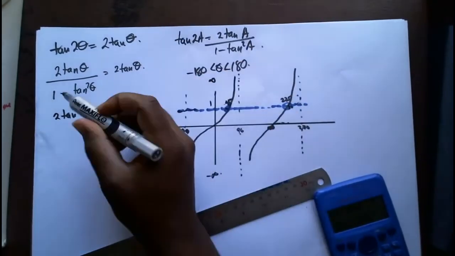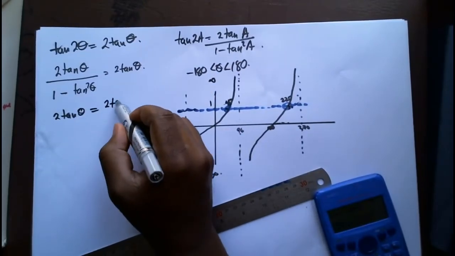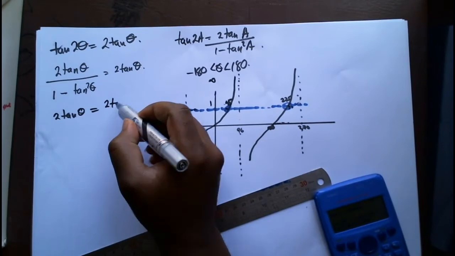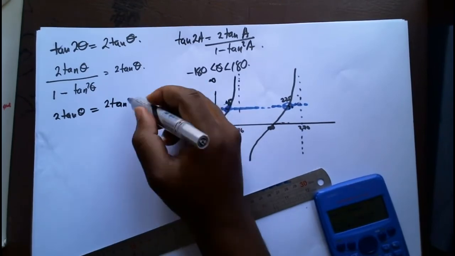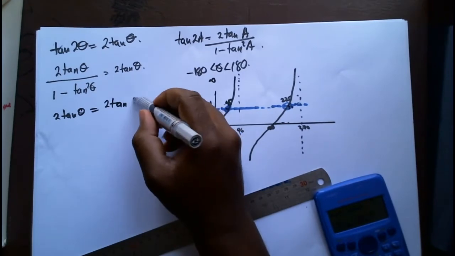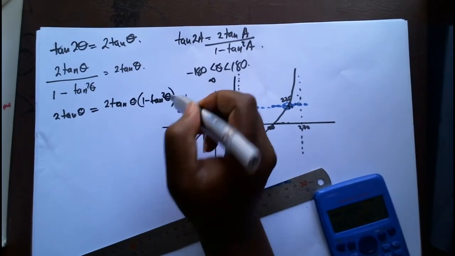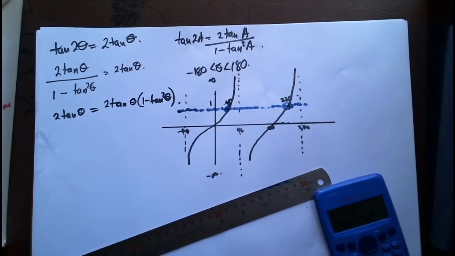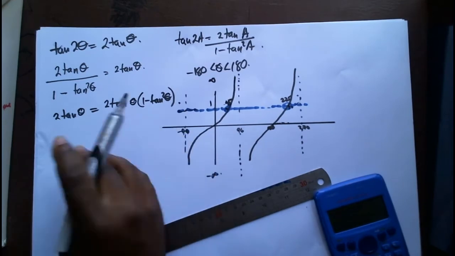So we cross multiply. 2 tan theta is equal to 2 tan theta times 1 minus tan squared theta. I've just cross multiplied. In this case, it's factored, or I can check.